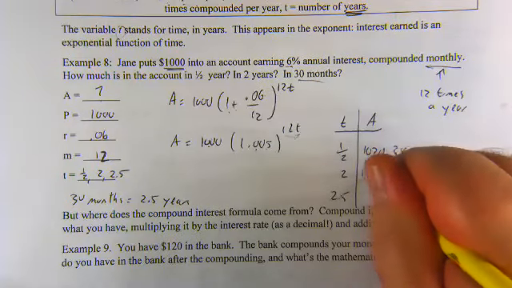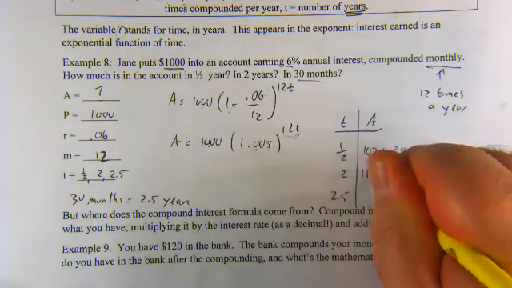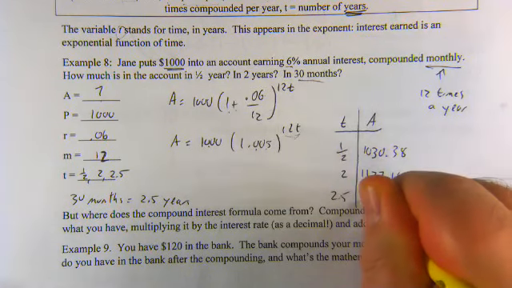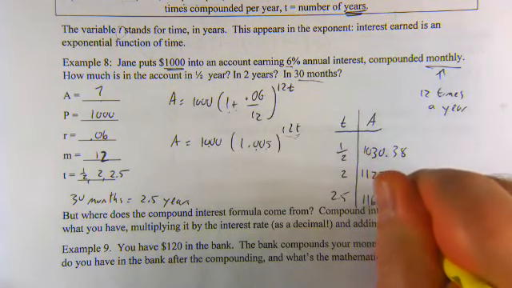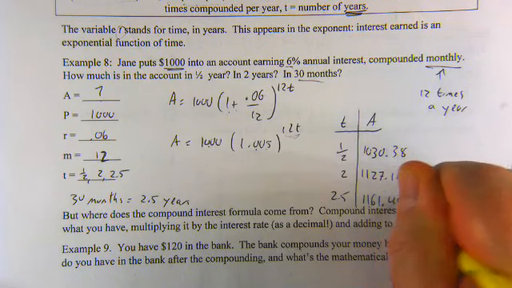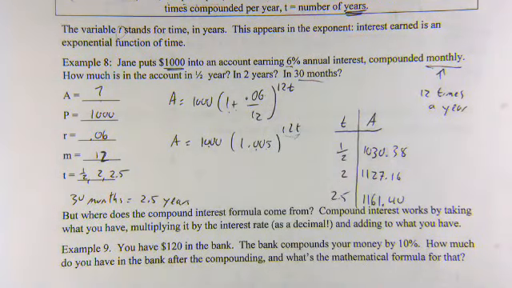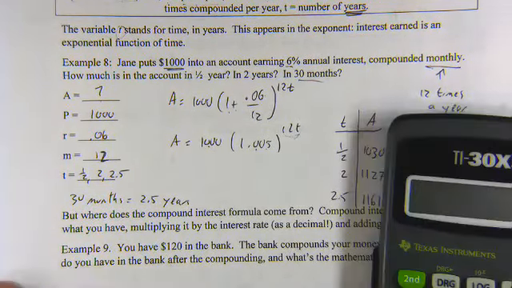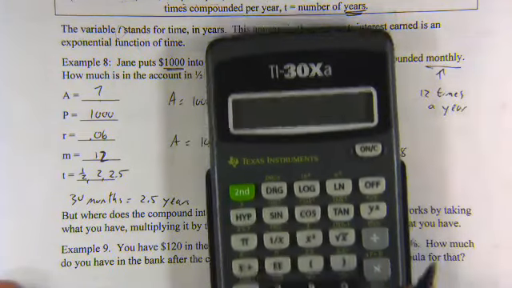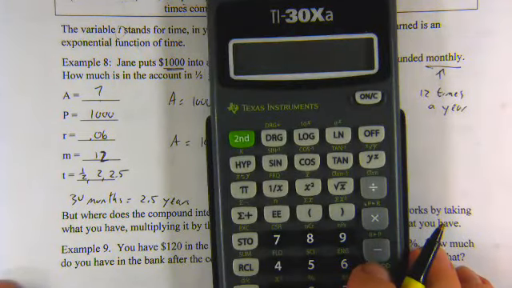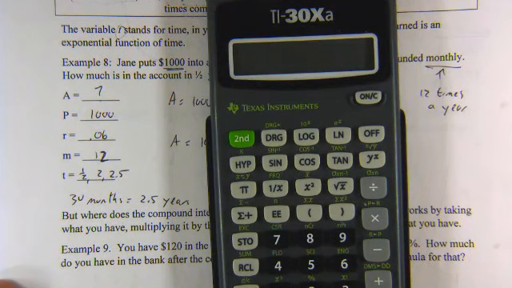After 2 years, she has $1,127.16, and after 2.5 years, $1,161.40. Now, here's my calculator. You do powers by using my power button.